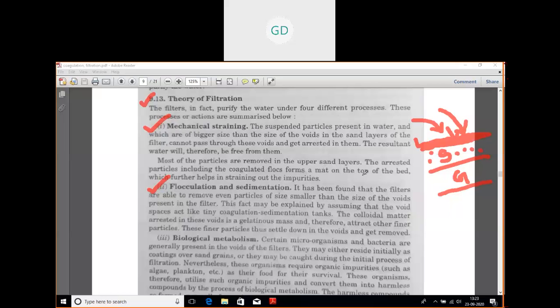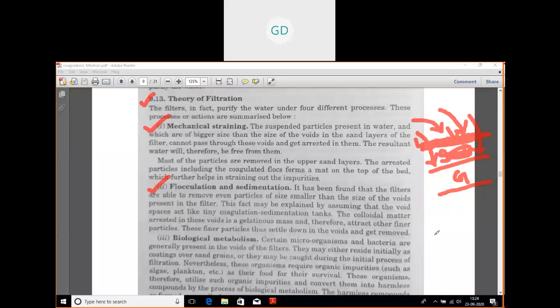If the size is small, then obviously the water will penetrate into the soil, isn't it? It will penetrate to this layer. Then if it comes to this layer, what will happen? Since you know that the impurities are a gelatinous precipitate.